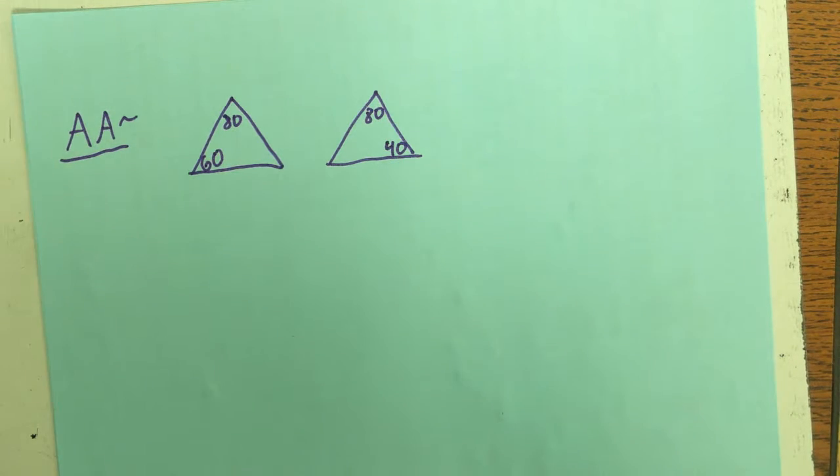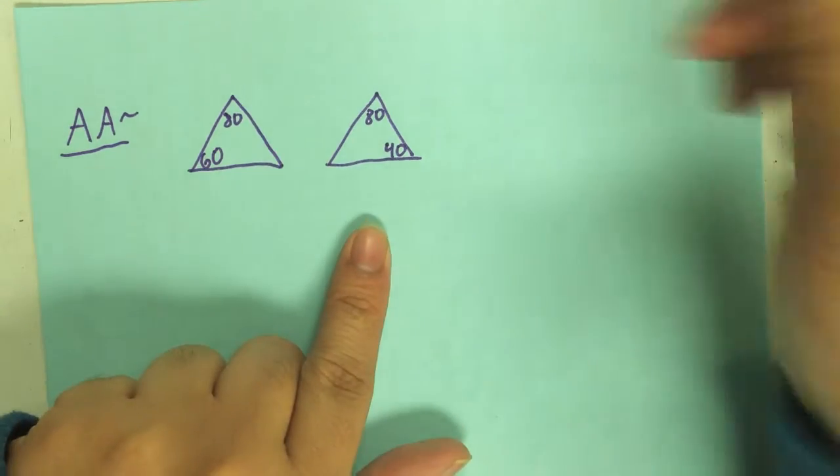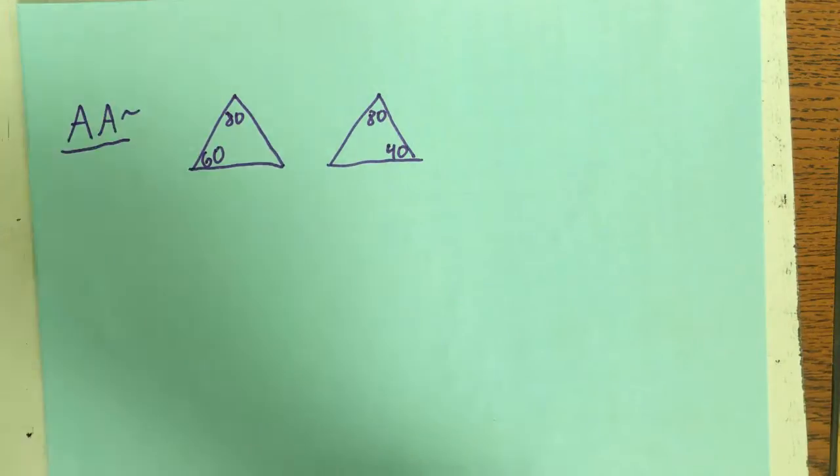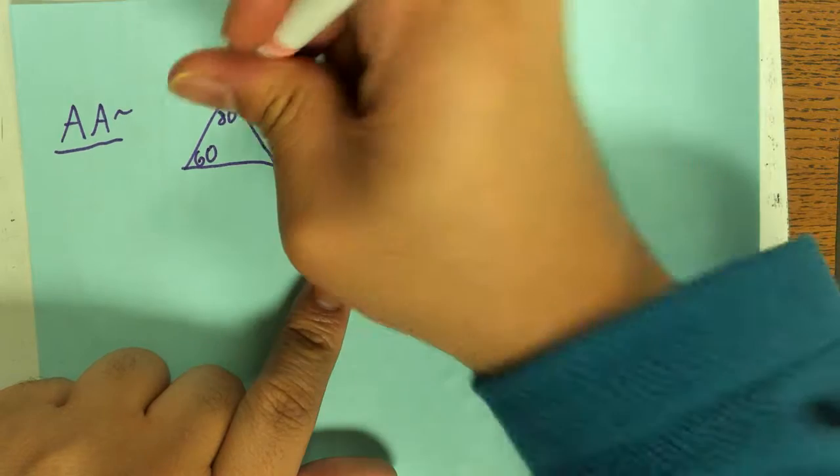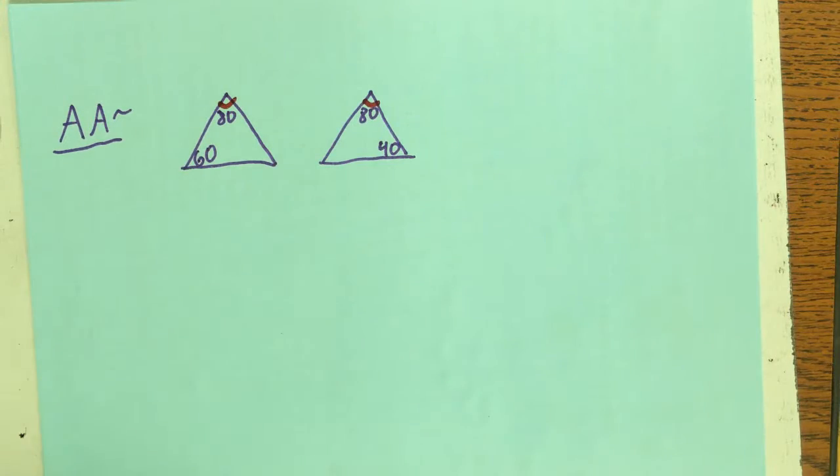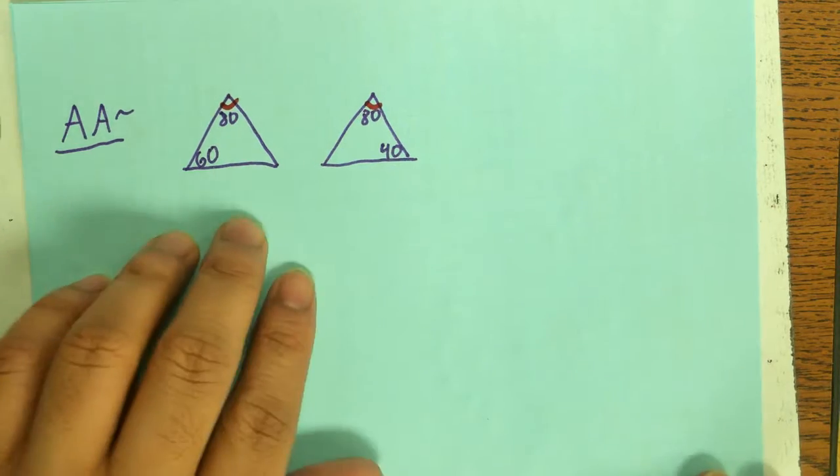So AA similarity tells us that we need to have two pairs of congruent angles. I can tell that this 80 is congruent with that 80. So we have one pair of angles. Now we don't know the other pair.